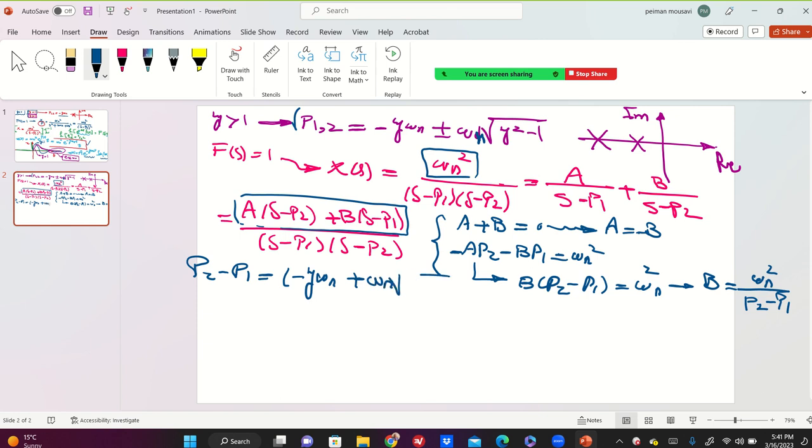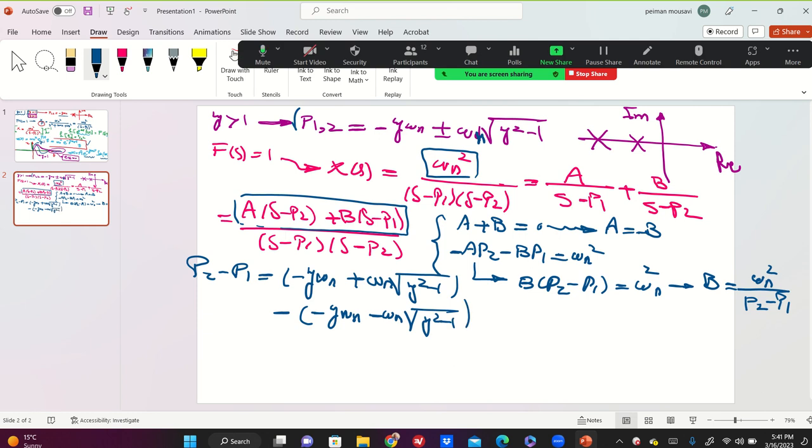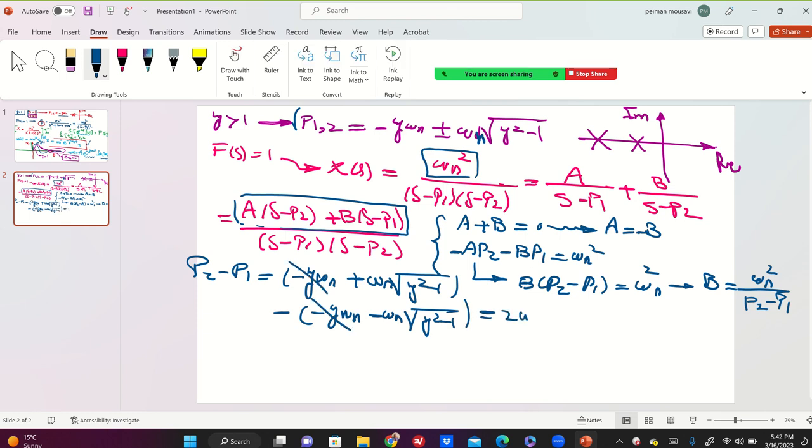Omega n square root of zeta square minus 1, minus minus zeta omega n minus omega n square root of zeta square minus 1. This with this goes away. You get 2 omega n square root of zeta square minus 1.